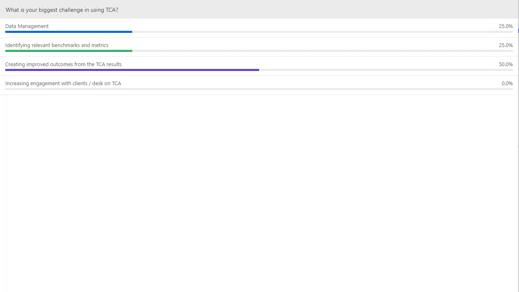Sure. So yeah, there are some really interesting points here. Firstly, getting improved outcomes and actually having something that's actionable and usable is clearly a major concern and the big challenge, as well as the data management side.